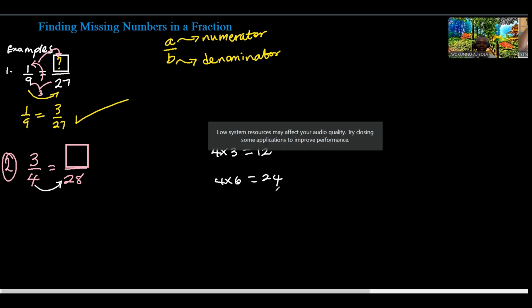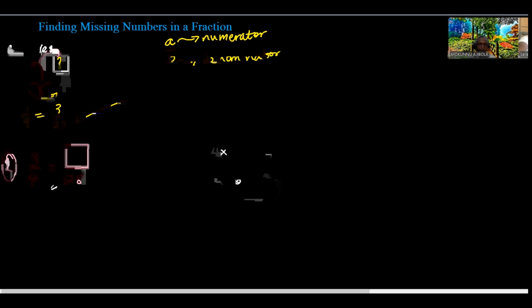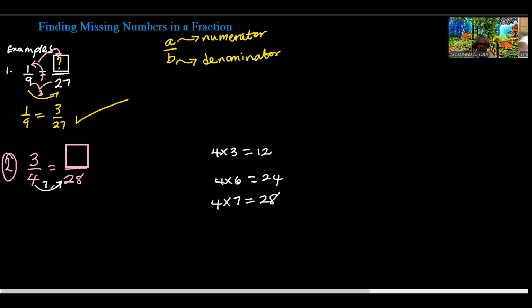Then if we add 4, so on to 7, it's 28. So 4 times 7. But can you also divide 4 and 28? Yeah. When you say 28 divided by 4, it gives us 7.